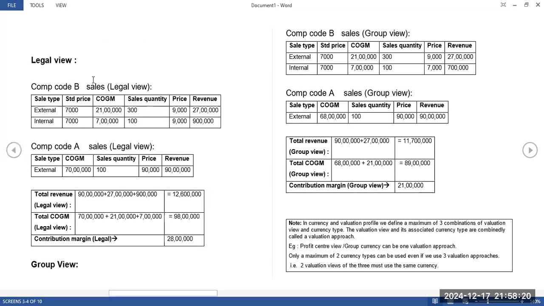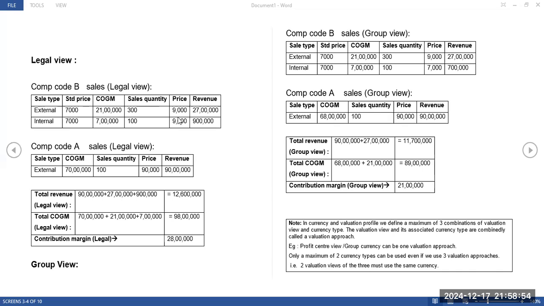Now, the legal view. Today we're going to discuss it theoretically and then we'll start the configuration from the next one. Company code B has a legal view where the sales type is external to a customer, where the standard price is 7,000. The cost of goods manufactured is 2.1 million, and the sales quantity is 300.